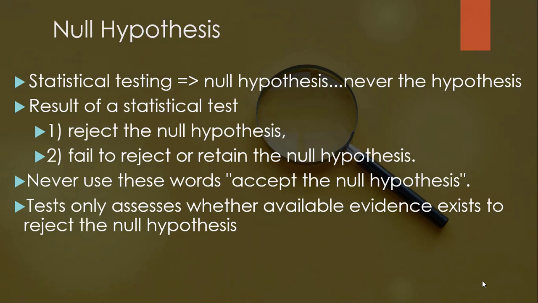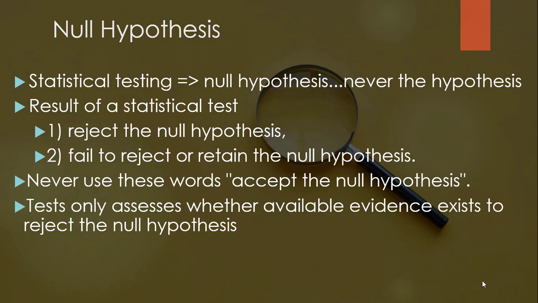The second decision we could make is we can retain the null hypothesis. If we retain the null hypothesis, it means that we are rejecting the alternative hypothesis. Which means we are saying that there is actually no relationship or association or difference. So we are rejecting the hypothesis which says there is.